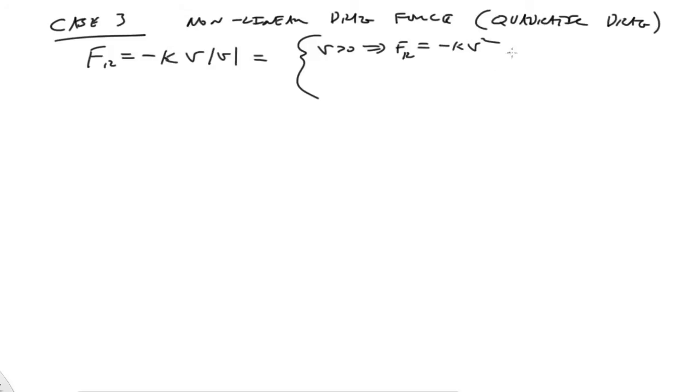Okay, and that means this is negative, right? We want this drag force to always go in the opposite direction of which we're traveling. Likewise, if v is less than 0, FR is equal to positive k v squared. Okay, and that means this is greater than 0. Again, the idea is that if we're falling, the force should be going up. All right, so this looks pretty good.